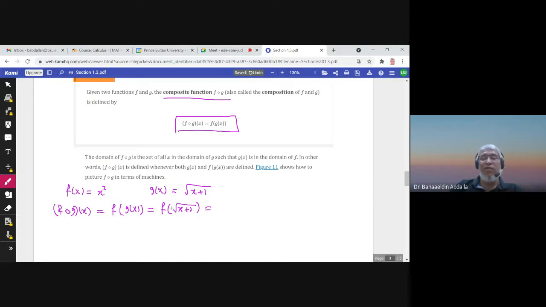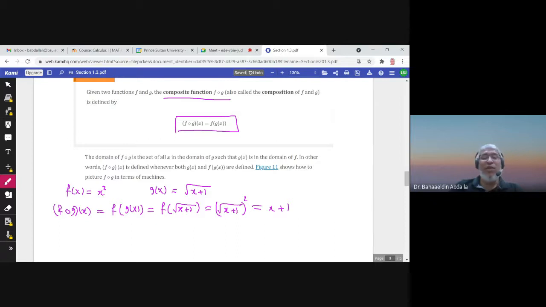How do you find f of anything? That's the definition of f. So I should replace x by square root of x plus 1. So it would be square root of x plus 1 raised to the power 2, and 2 cancels the square root, and the answer would be x plus 1.